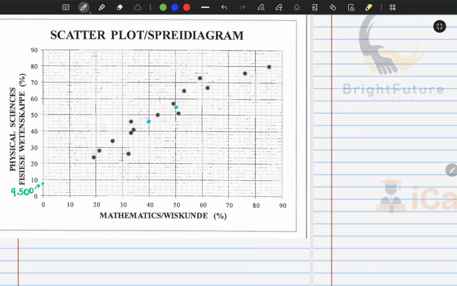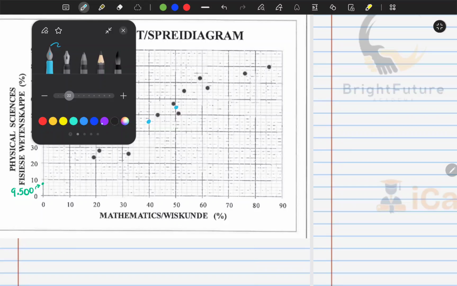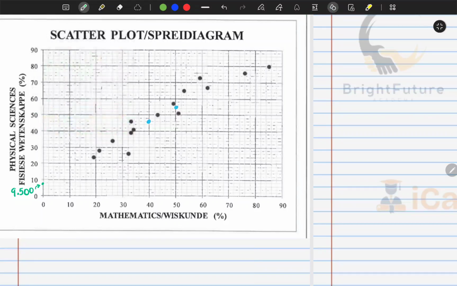We can go and do the other 2 points, but yeah, this should be okay for us to be able to draw a straight line. So my straight line will move like this past these points here. So let's tilt it.